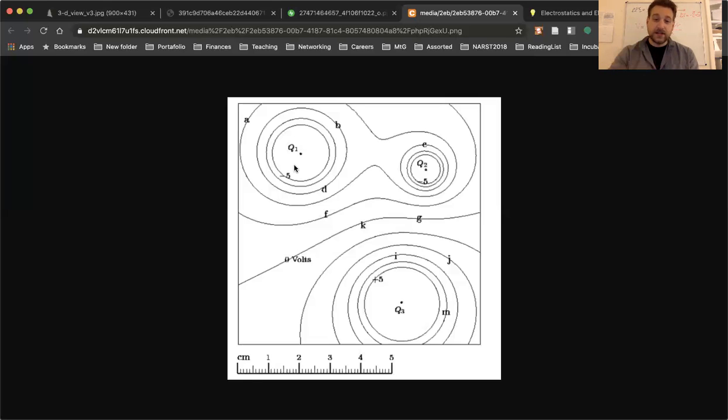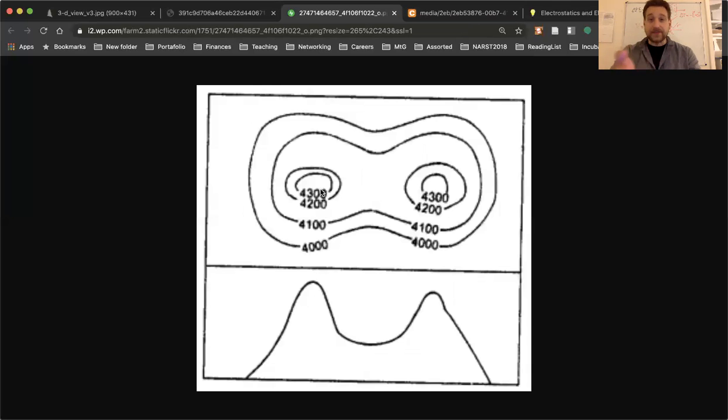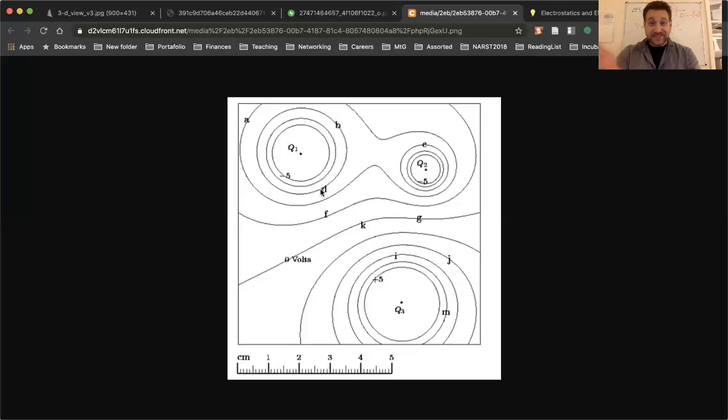Like if this were a topographic map of physical terrain, you could imagine taking a ball and setting it somewhere here and watching it roll downhill. Same story.